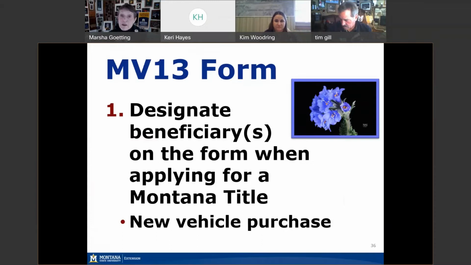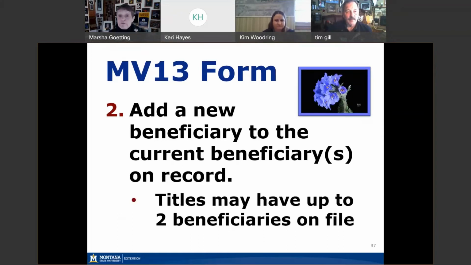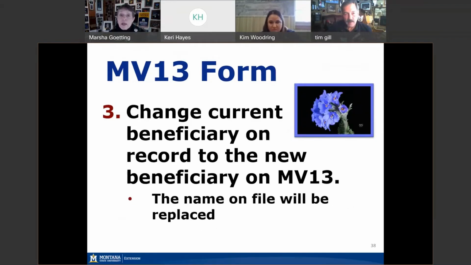Well, you're going to have to follow through, because what I discovered when I got my certificate or my title 3 months later, my beneficiary designation is not on there. So we're having a visit about that so that we can make sure it does happen. But you can add a new beneficiary once you've got a current one on. Maybe you want to add one, but you can only have 2. That's all they're going to allow you is 2 beneficiaries on your vehicle.